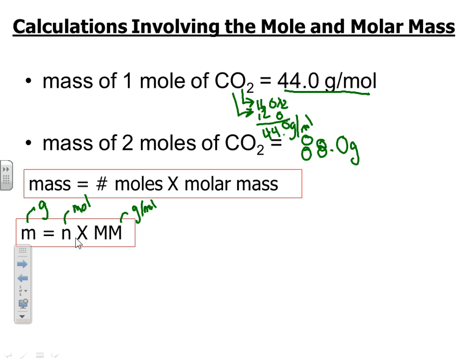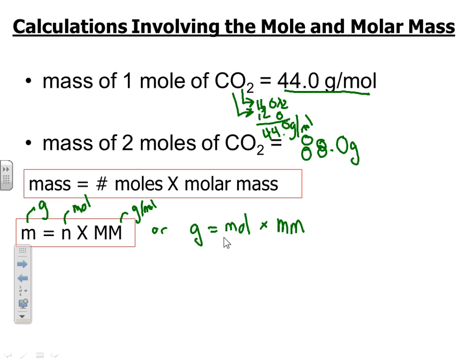I like to think of it in terms of the units. Another way I like to think of the equation is that if you want to get grams, you take your moles and you multiply it by your molar mass. All right? Notice it's the same thing, except I've just stuck the units into it.